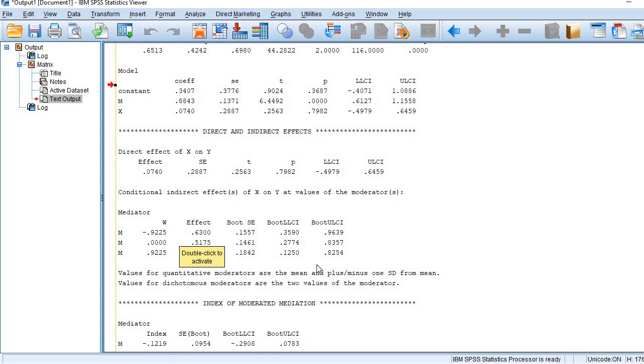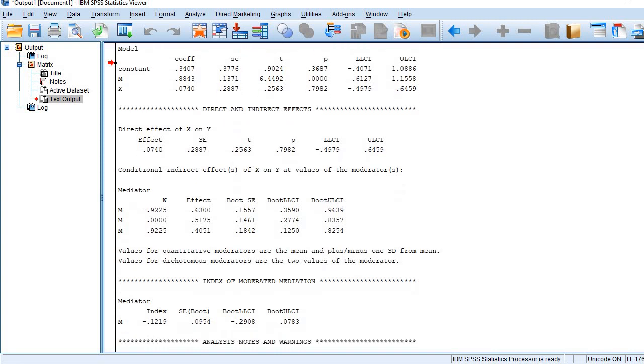Apparently it clearly shows that the mediating effect continues to sustain even when there are changes in the level of the moderator: higher level, medium level, and the lower level. So the indirect effect is there, but it's not conditional.